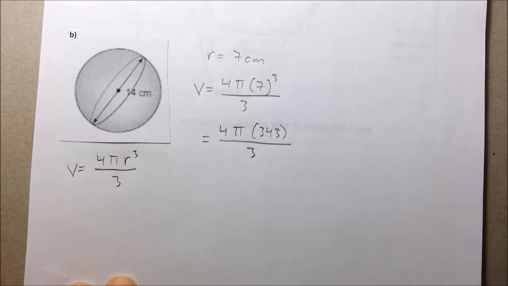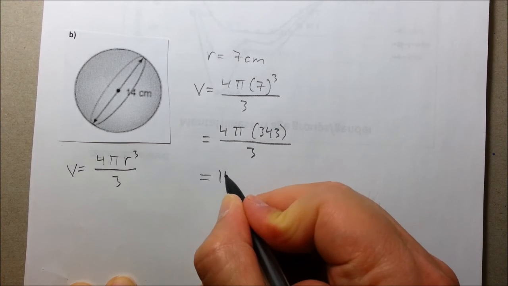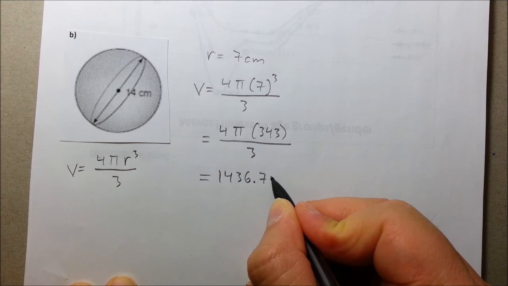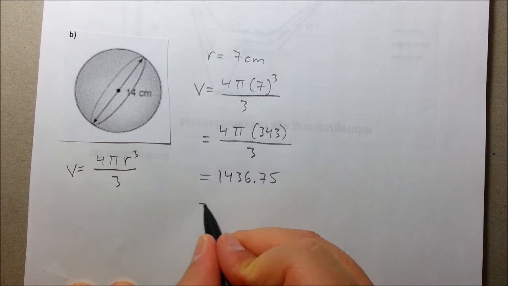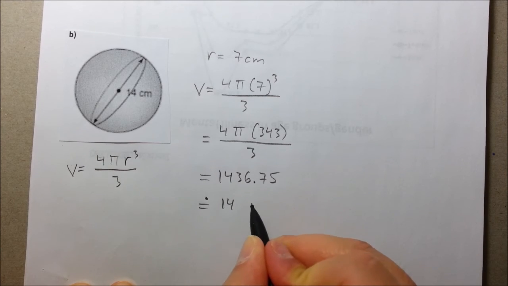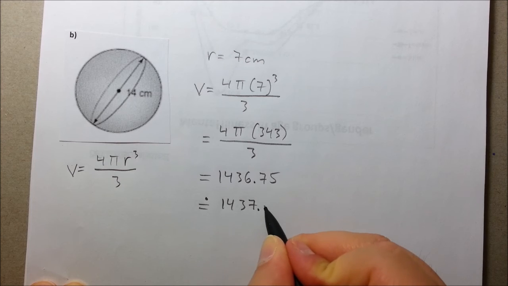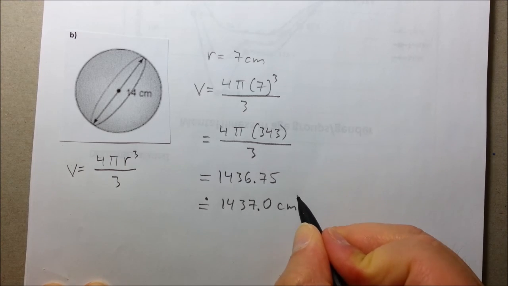The answer that we are getting is 1,436.75 centimeters cubed, but I'm going to round it off to the nearest number, 1,437 centimeters cubed.